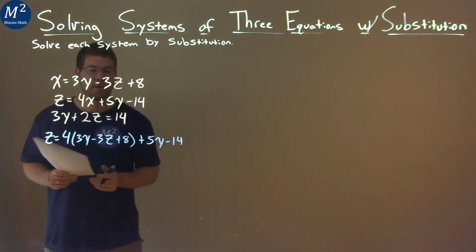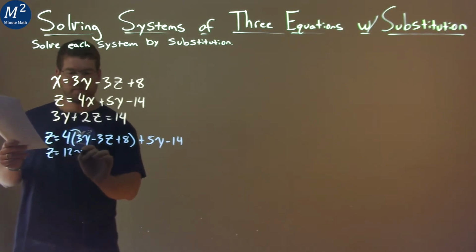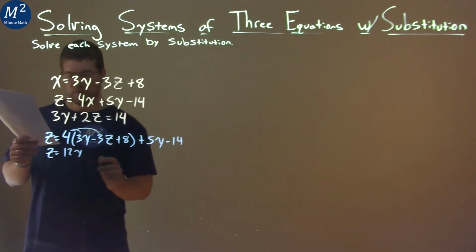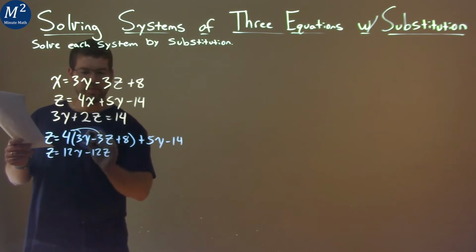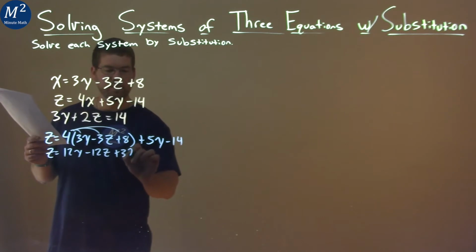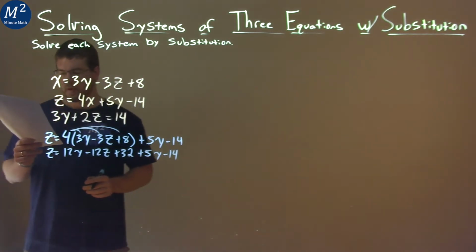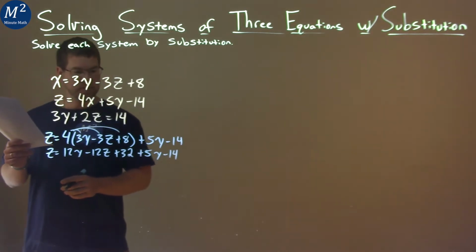Woof. Let's simplify this. So z equals 4 times 3y is 12y. 4 times negative 3z is negative 12z. And 4 times 8 is 32. And we bring down the 5y minus 14. From there, let's combine our like terms where we can.